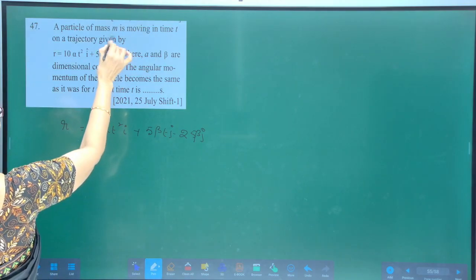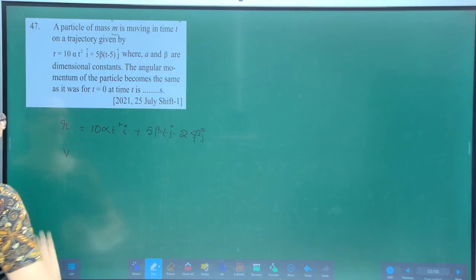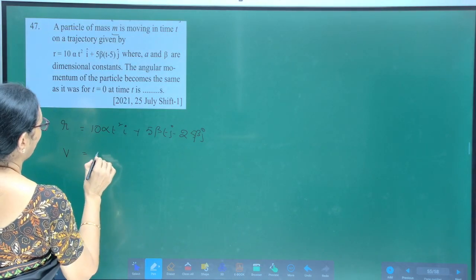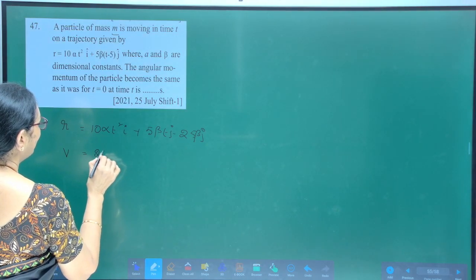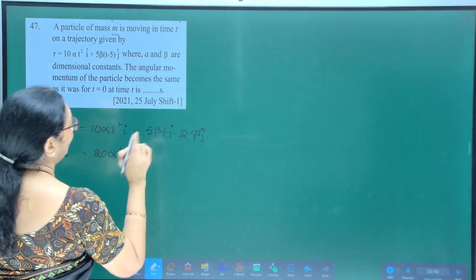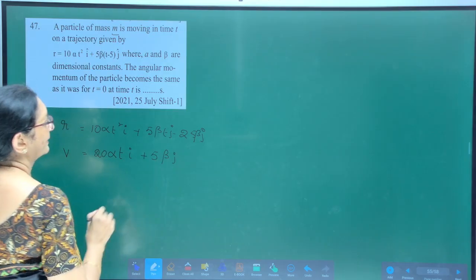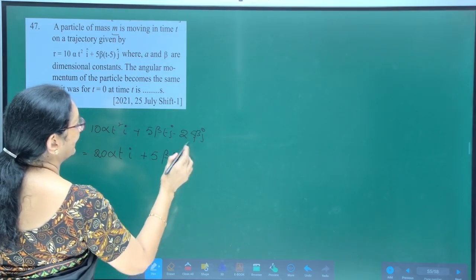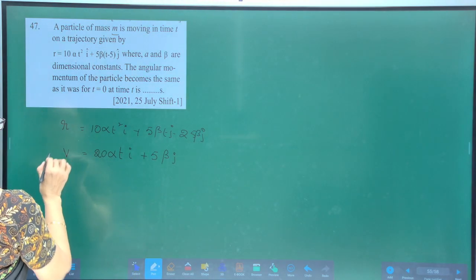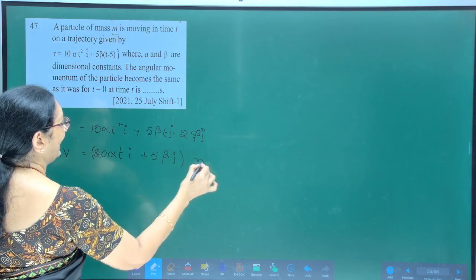Now, mass is given as m, and we find the velocity vector by differentiating this. The t square derivative is 2t, so 20 alpha t i bar. The t derivative is 1, so 5 beta j bar. And there is no t term, so this becomes 0. This is v. Momentum becomes mv, so this is multiplied by m.